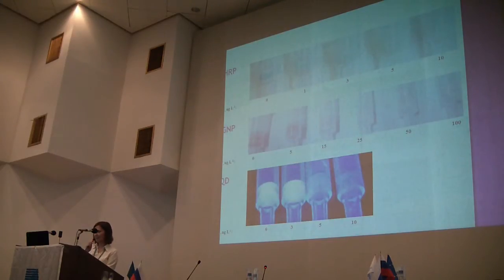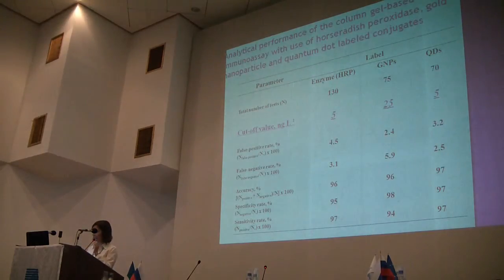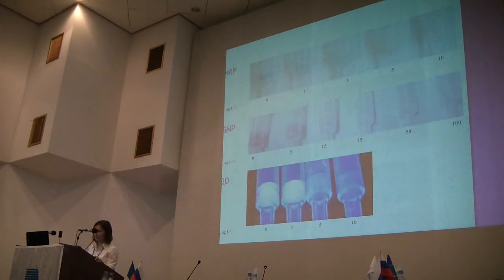Here is a comparison of our different labels, HRP, GNP, and QD, for one analyte. But to be honest, this analyte is not a mycotoxin. This is benzopyrene, one of the most important polycyclic aromatic hydrocarbons. Here it's possible to see the first line is horseradish peroxidase, and the cutoff level here is 5 nanograms per liter.